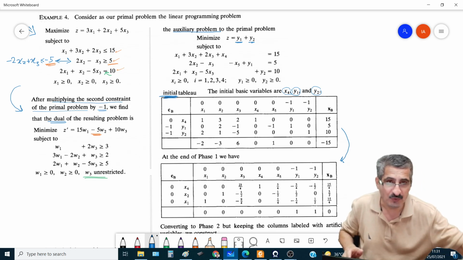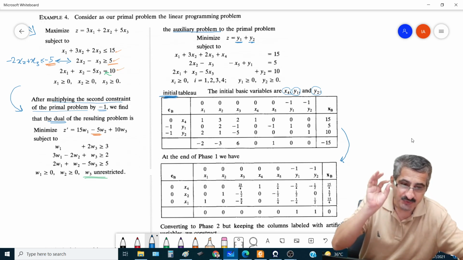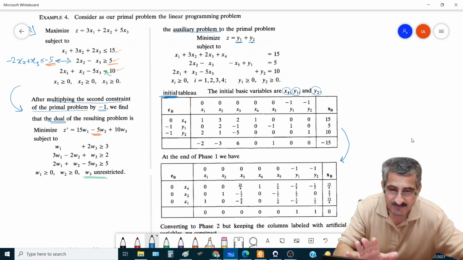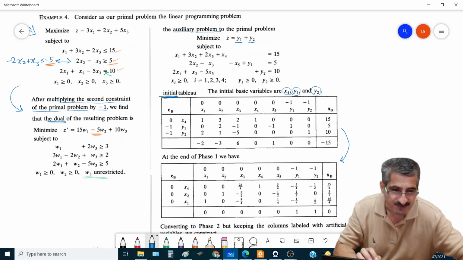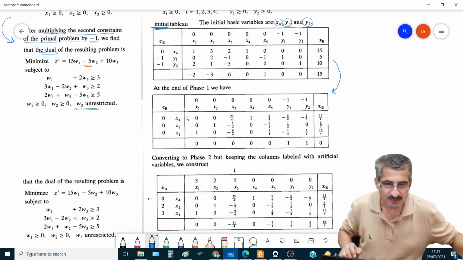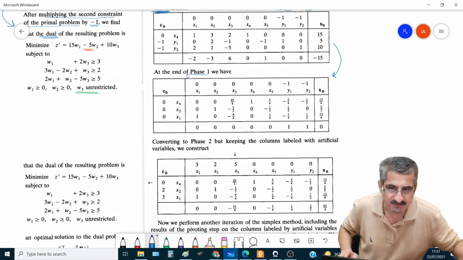Now we want to go to page 2. But now, what we said: do not delete the columns of the artificial variables. Keep them there, and pivot them, that's fine, and keep working the simplex method. So here we go. This is at the end of page 1.